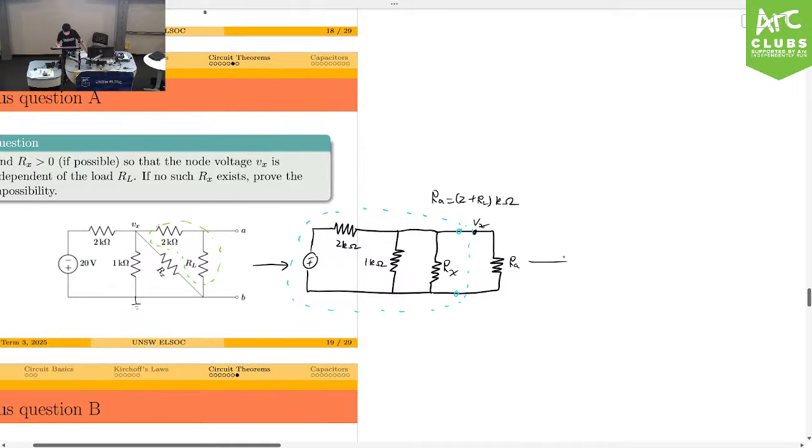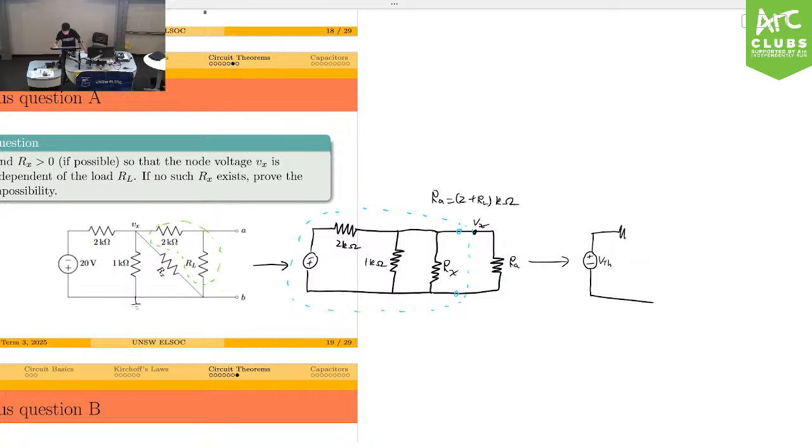So now this circuit becomes VTH. By the way, I'm just going to reverse the polarity of VTH because it makes our calculation later easier. But remember, VTH can be negative here as well, so I'm allowed to invert the direction of the voltage source.